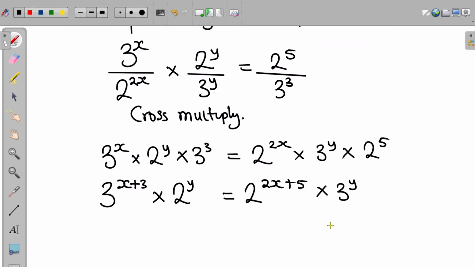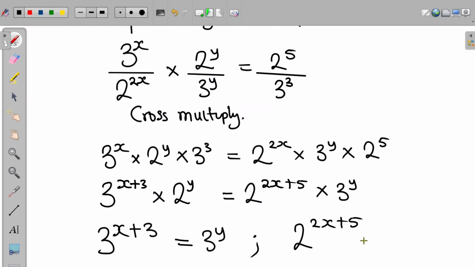So at this point, we can equate terms with the same base. So this is 3^(x+3) equal to 3^y, and also this is 2^(2x+5) equal to 2^y.